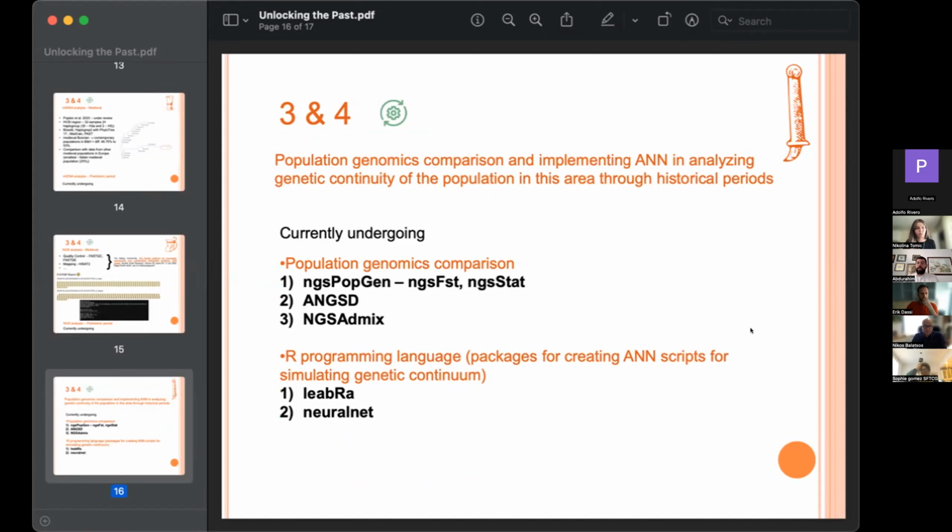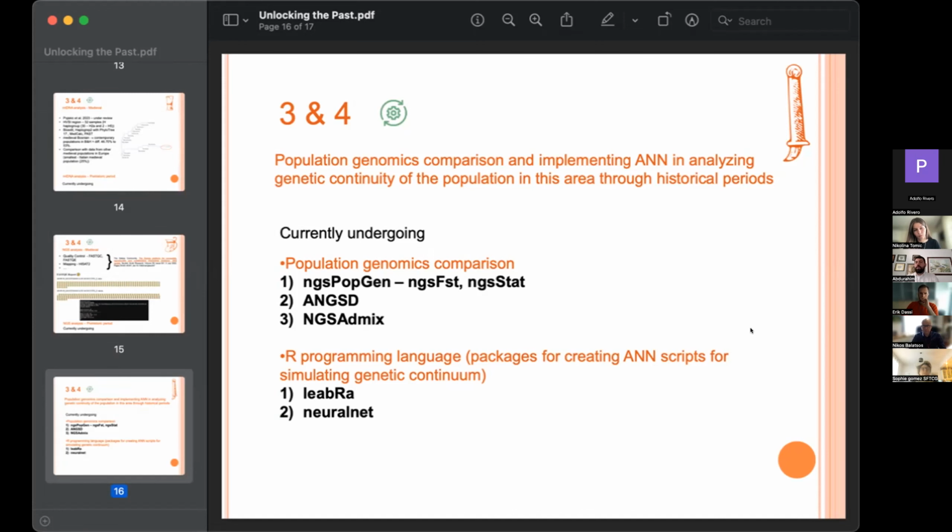Then ANGSD for allele frequencies, and NGSadmix. Those of you familiar with population genetics certainly know the admixture model that is being used by, for example, STRUCTURE software, and that software is basically positioning and clustering the population in different clusters based on their genetic variation.